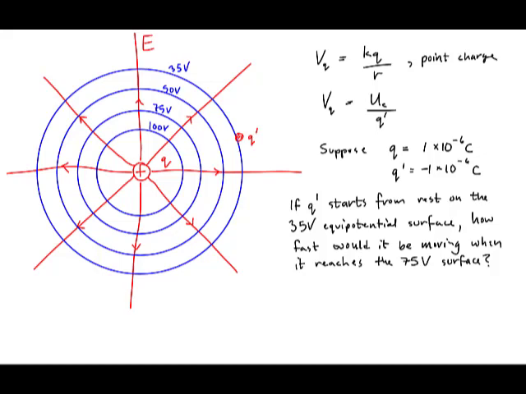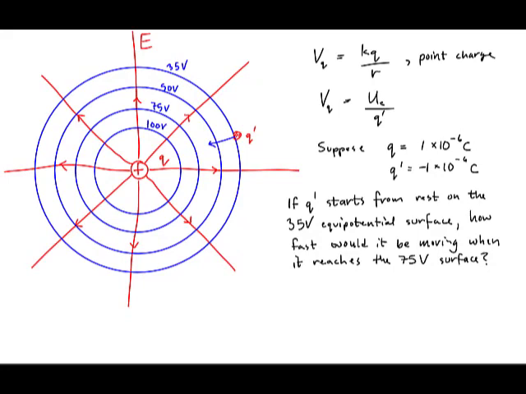So here we have our charge Q prime being a negative charge, that we know will experience an attractive force to charge Q. So let's illustrate that attractive force in our picture. In the absence of other forces, Q prime will accelerate in the direction of the positive charge.